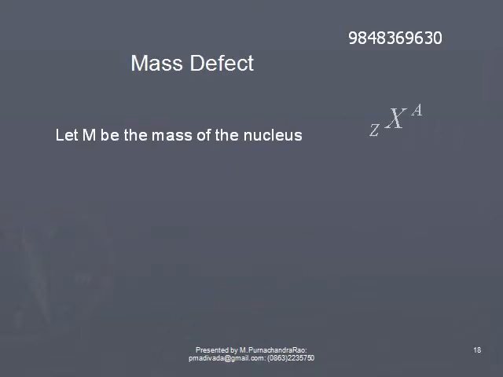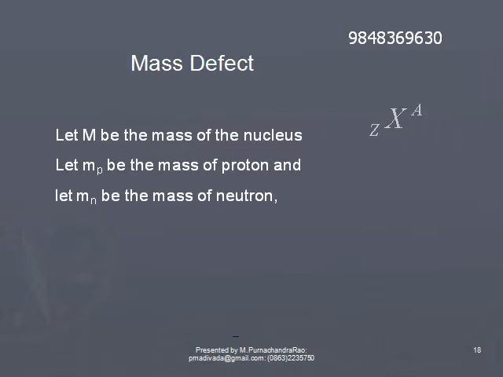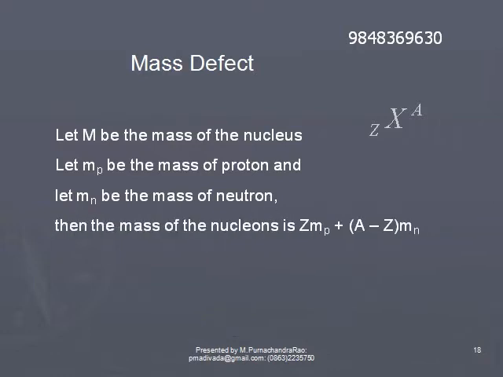Let us have a mathematical idea of mass defect. Let us represent the mass of the nucleus of an element ZXA with capital M. Mass of the nucleus is taken as capital M. Mass of proton Mp. Mass of neutron Mn. Then the mass of the nucleons is Z into Mp, because there will be Z protons, plus A minus Z into Mn, because A minus Z is the number of neutrons.